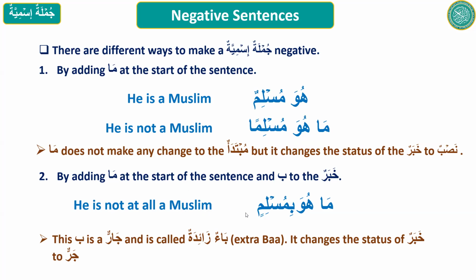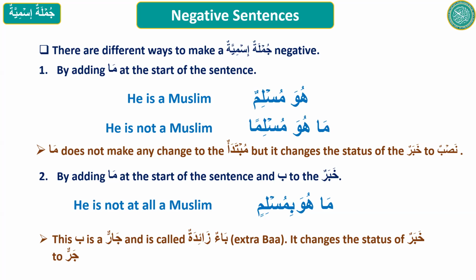Ma huwa musliman. And in the second method, we add a ma at the beginning, but we do one more thing. We add a be to the khabar, and the khabar becomes majroor. It is in jar status. And it is a stronger negation. He is not a Muslim at all.